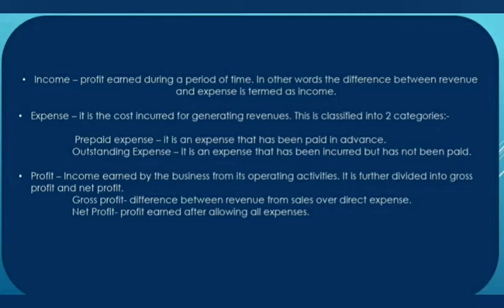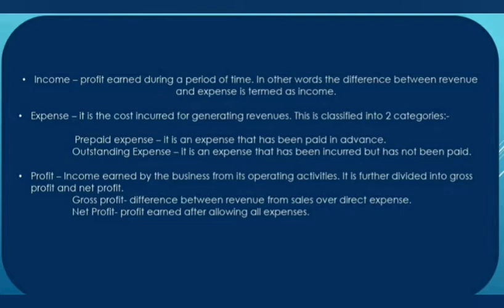Okay, so prepaid means you're paying an expense in advance and the benefit you're getting in the following year. So thus the amount of premium paid in advance is 5,000, which is your prepaid expense. So this expense will be accounted in the financial year ending 31st March 2018.